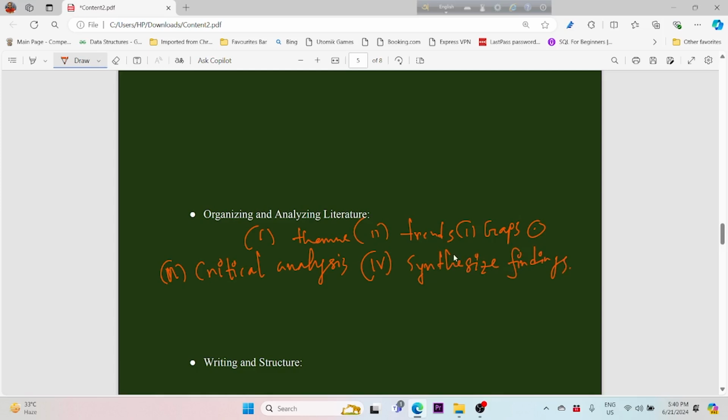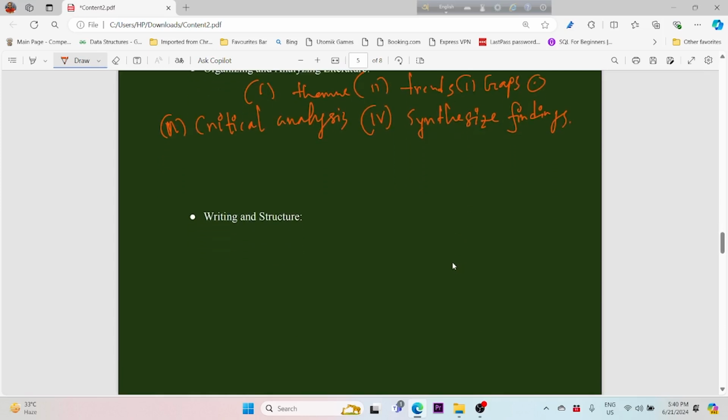And the last, the writing and the structure. You need to focus on key themes. You have to discuss the most important findings and debates within your research area. You need to use clear transitions.